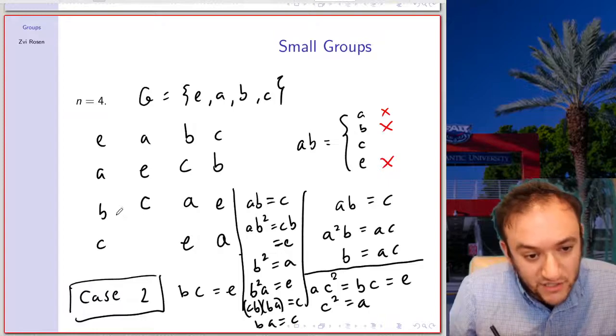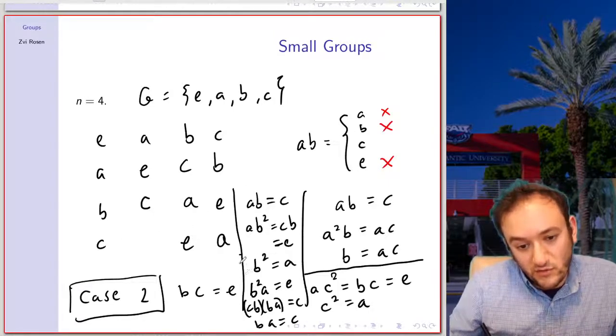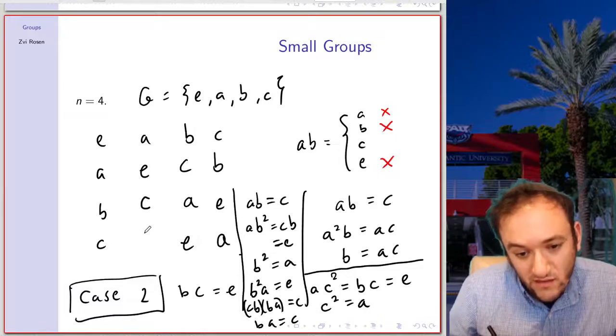It's not hard to deduce in a similar way what CA is.